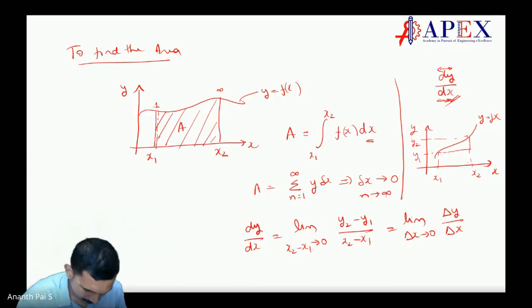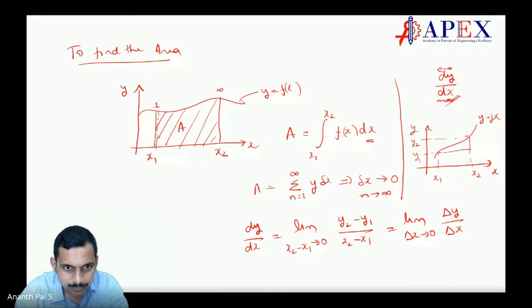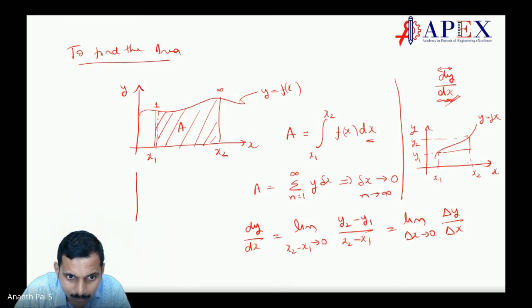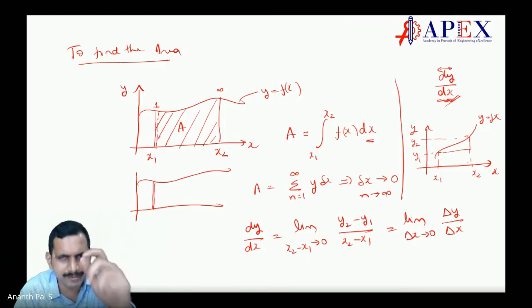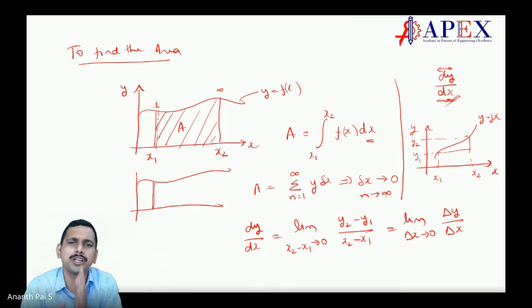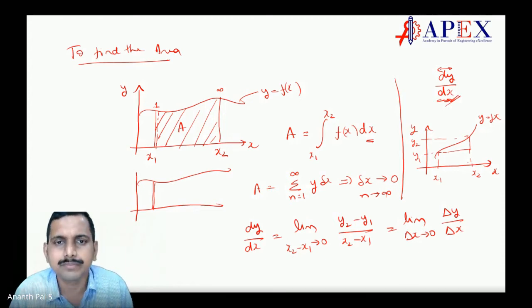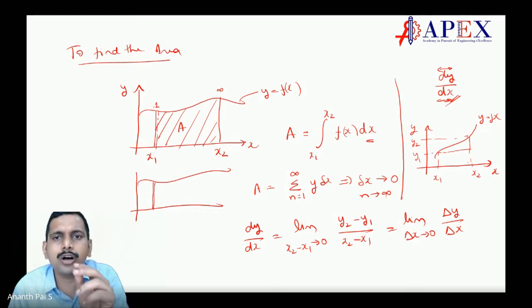Sir, can you explain once again A equal to sigma n equal to 1 to infinity? Correct. When you say summation, what does it mean? It means we are going to cut this down into small portions. How small? Very, very small, so small that the slice will almost go to 0.